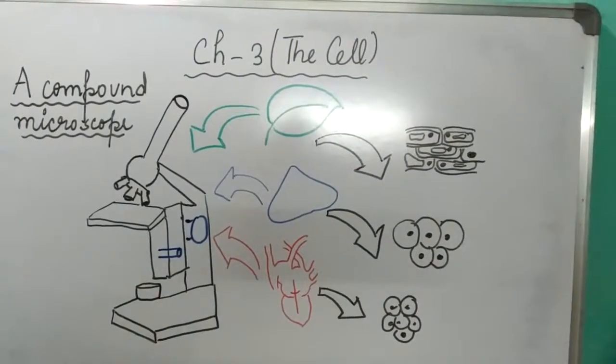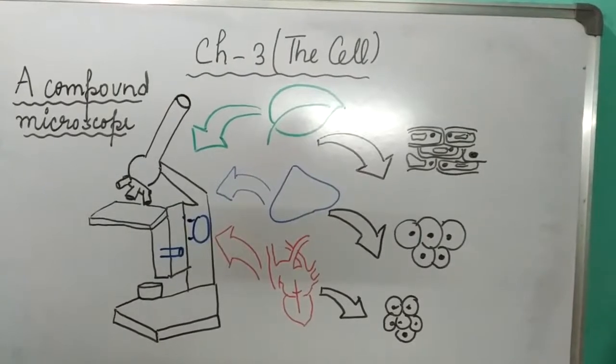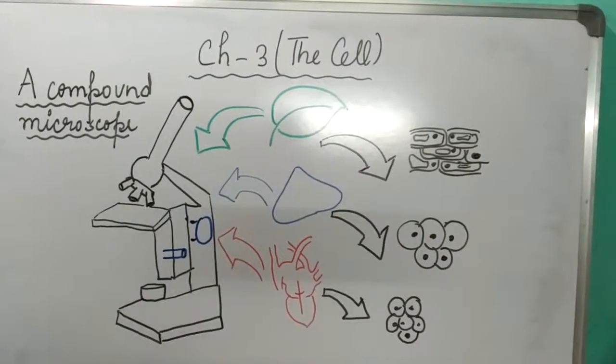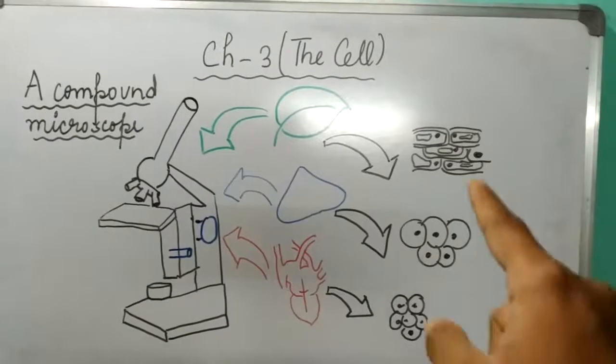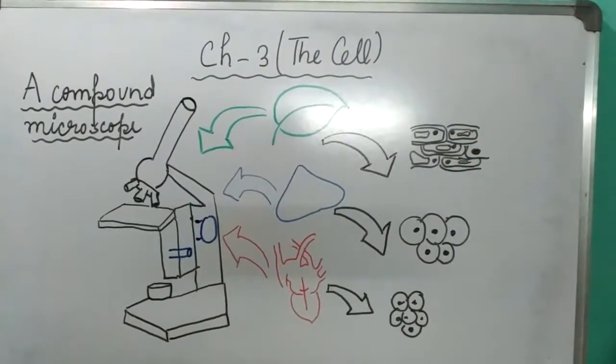That means all organs which we see around us or inside our body are made up of tiny compartments like this, which are not at all visible to our eyes.